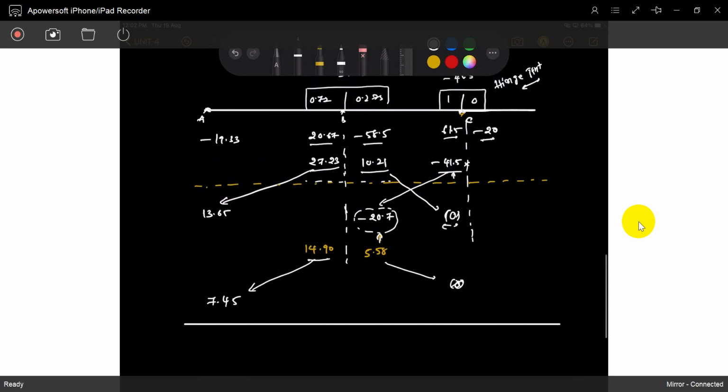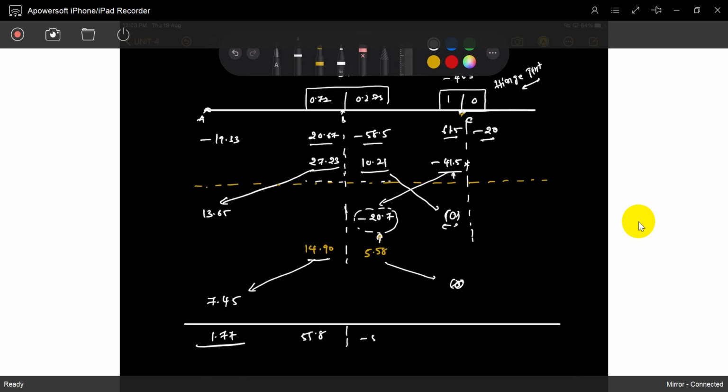So now you can calculate the moments. 13.65 plus 7.45 minus 19.33 gives 1.77. Now add everything on one side: 20.23 plus 14.9 is 55.8.